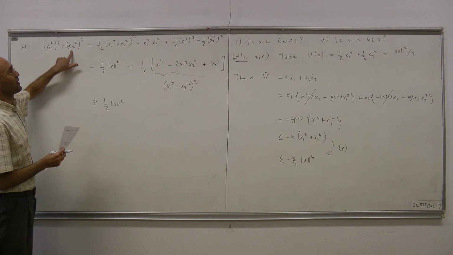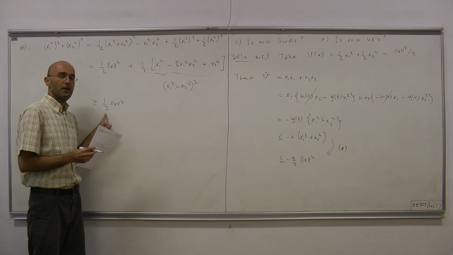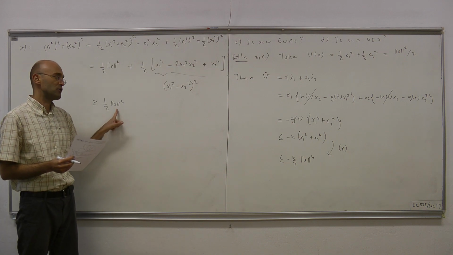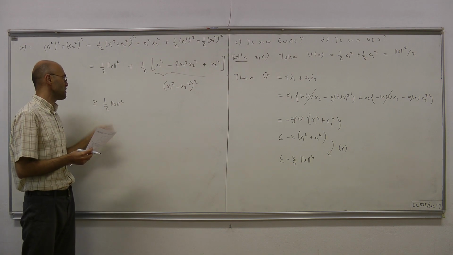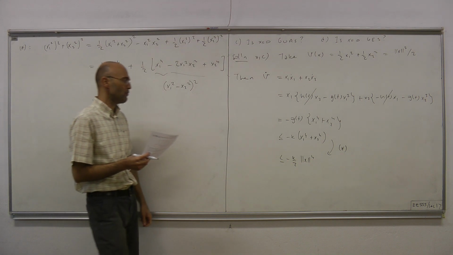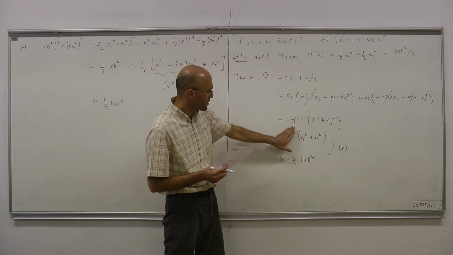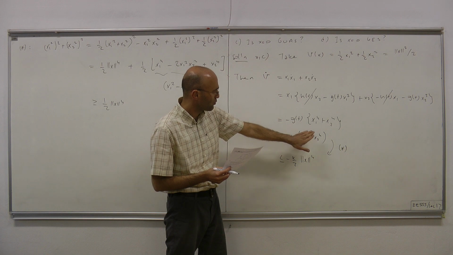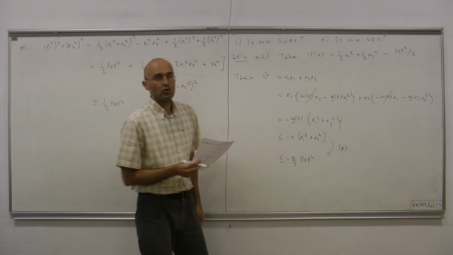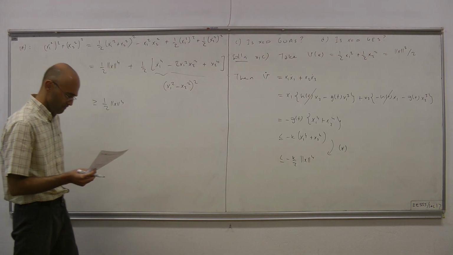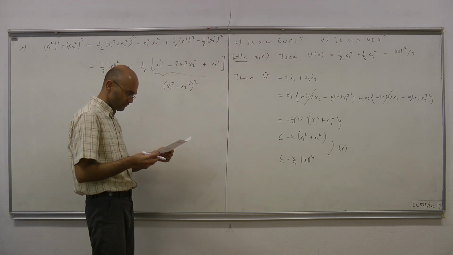So x1 to the 4 plus x2 to the 4 is always greater than or equal to 1/2 norm of x raised to the power of 4. Therefore, minus that thing is always less than or equal to minus 1/2 norm of x raised to the power of 4. And that's what we did here. This guy, minus x1 to the 4, x2 to the 4, is always less than or equal to minus norm of x raised to the power of 4. Okay.